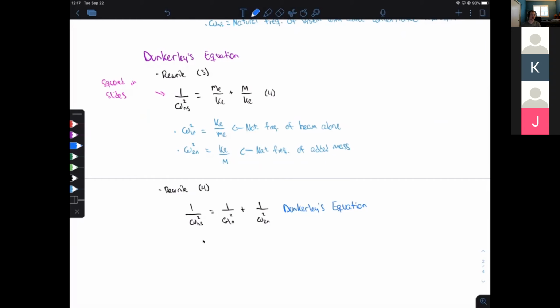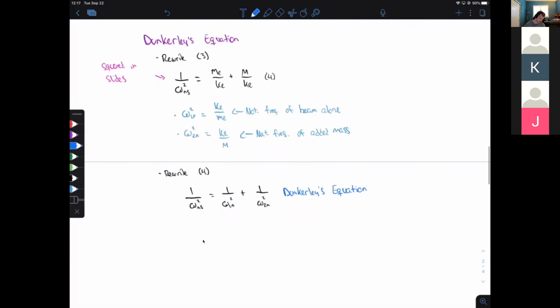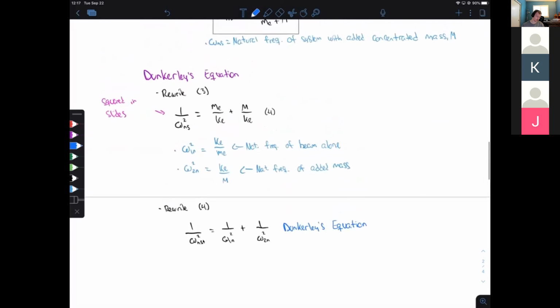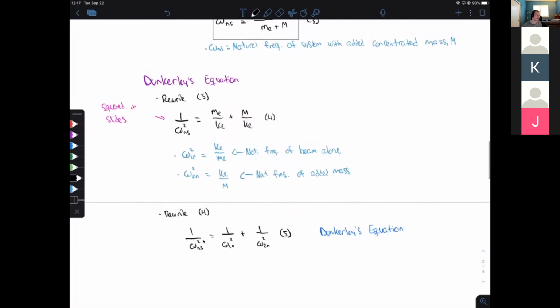Okay, so again, we're going to be using this to kind of calculate some experimental values in our system here. So if we look at equation 4, let's first call this equation 5, what we just wrote. So we can look at equation 5, or I think it's easier to look at equation 4 above. M sub e and K sub e, they're going to be a constant.